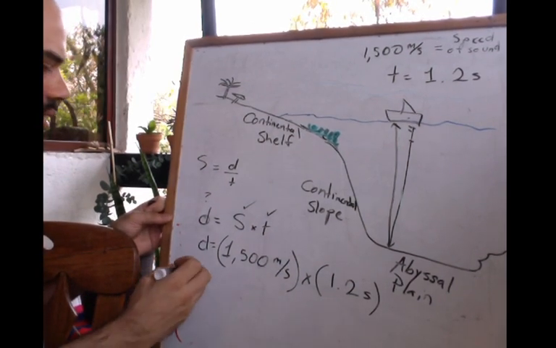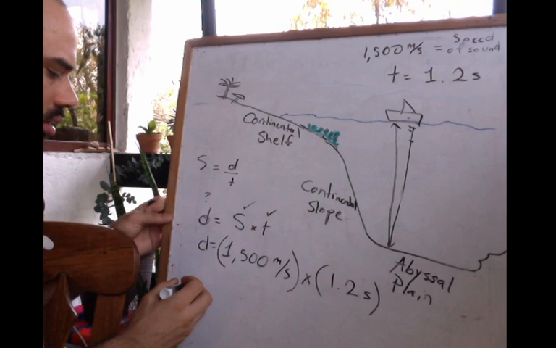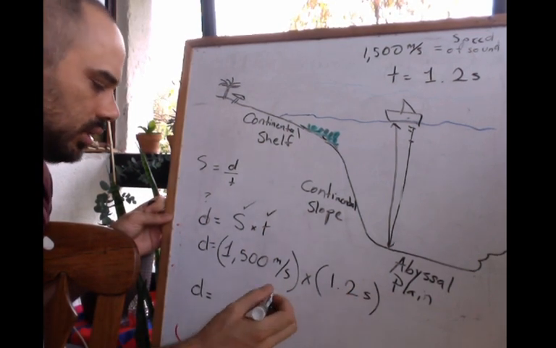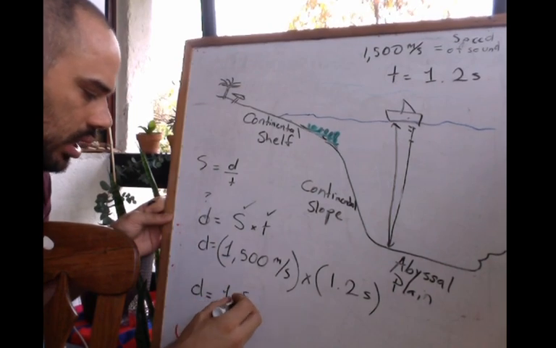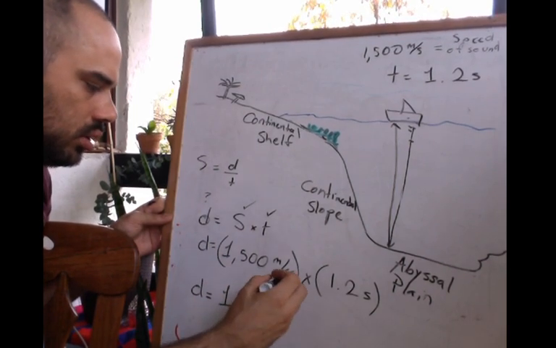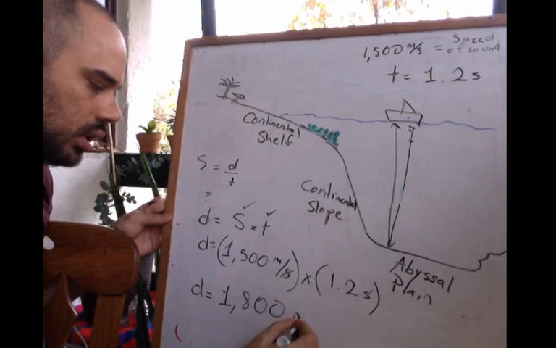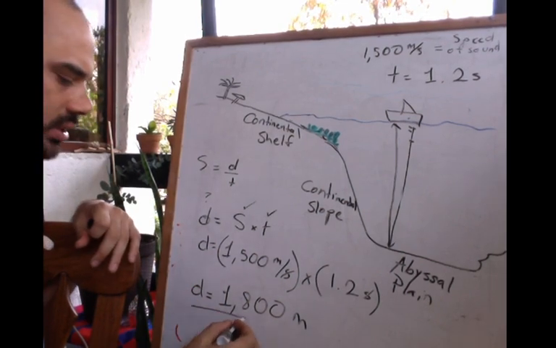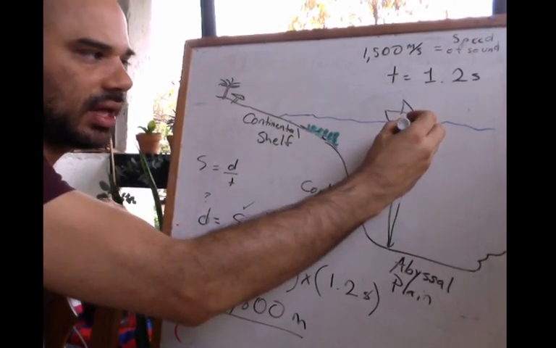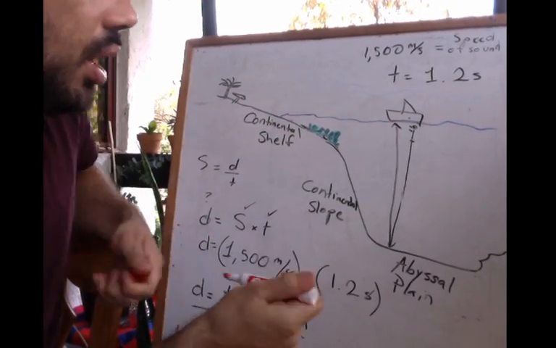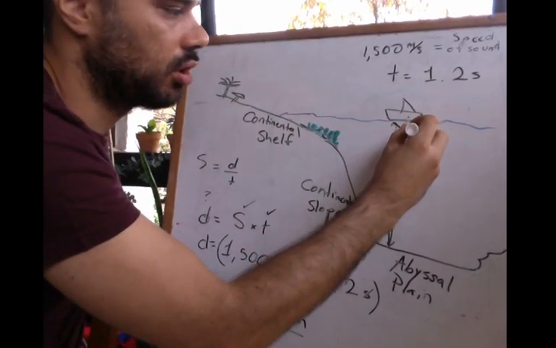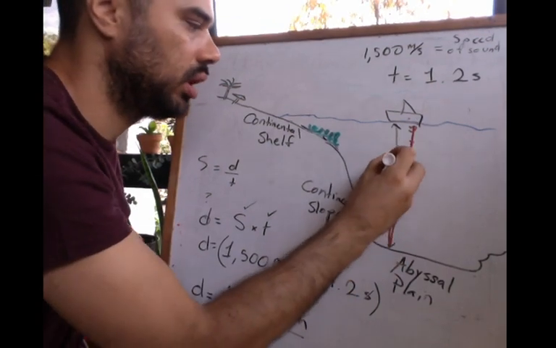And so we do a little bit of algebra, and this will get us to 1,800 meters. Okay, so this distance is the distance that it took our sound from here and back to here.